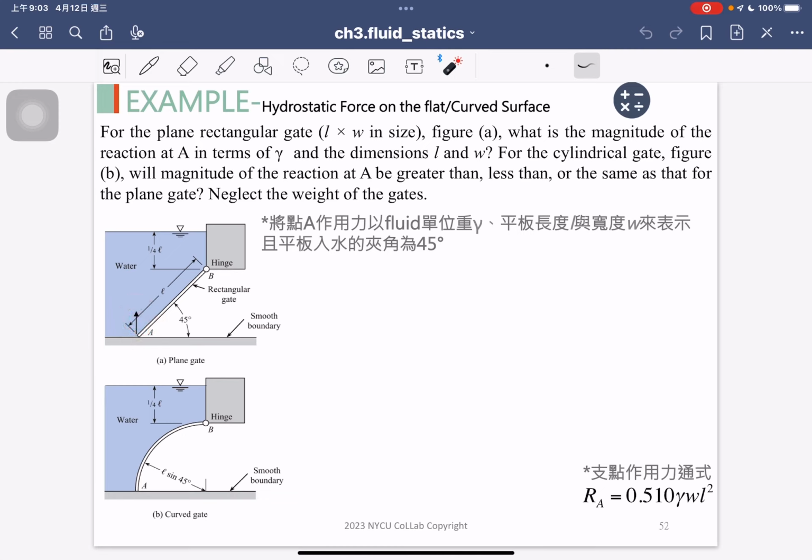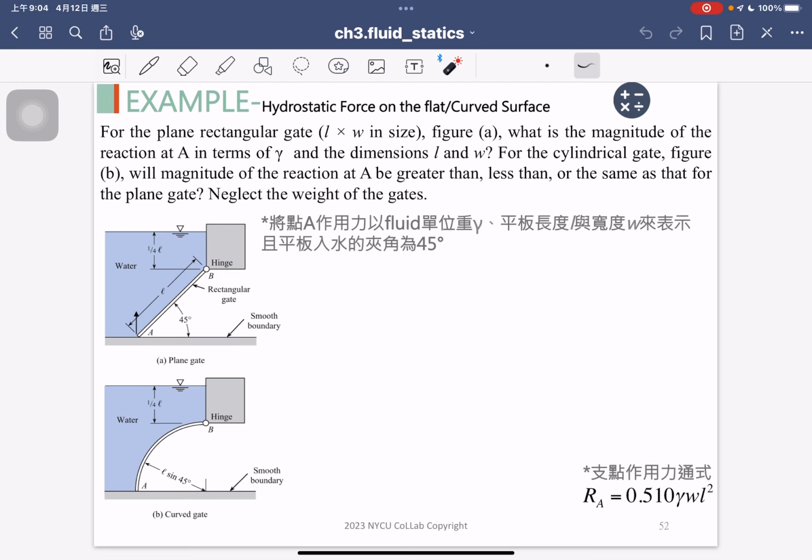Okay, but as you can see, the final answer is shown at the bottom. We want to provide the general formulas for the force required to open the gate. I provided the final answers, where gamma is the liquid specific weight, W is the width and L is the length of the plate.